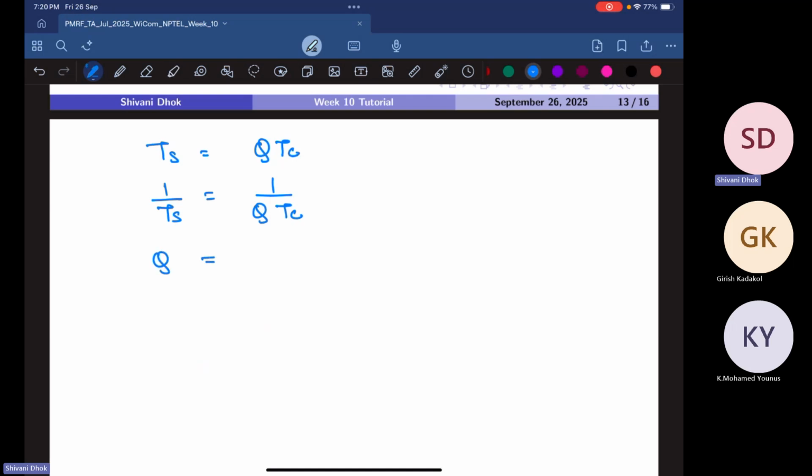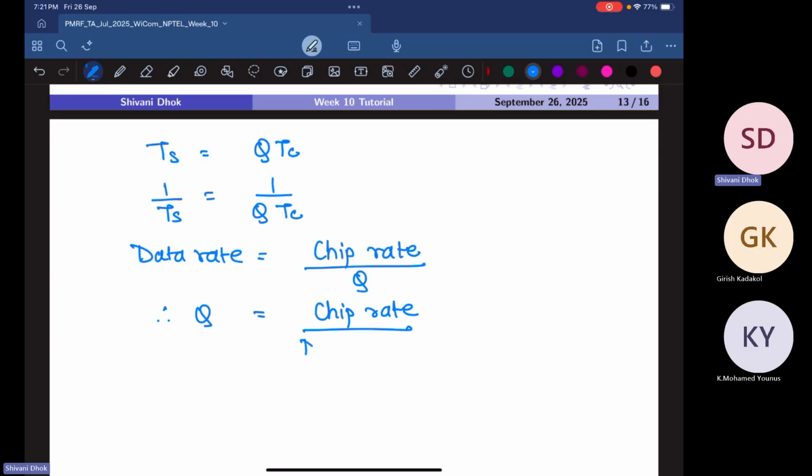So this Q now becomes 1 by Ts upon 1 by Tc, or in other words, data rate is equal to your chip rate upon Q. Therefore this Q becomes chip rate upon your data rate.